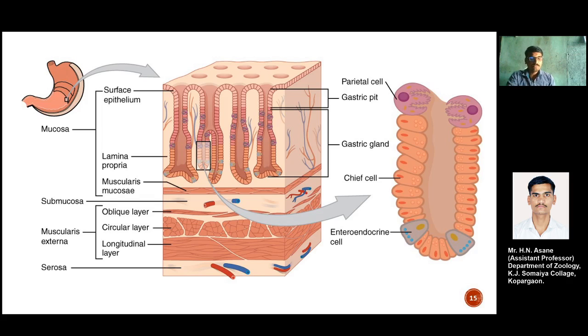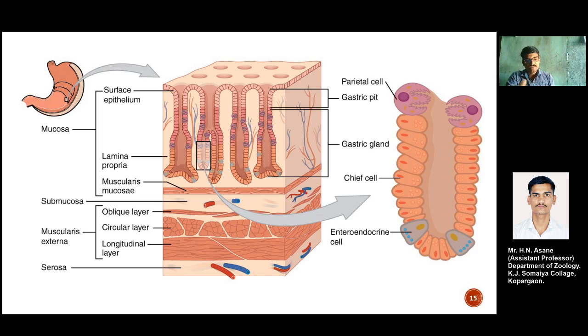Because they secrete the hydrochloric acid of the gastric juice, these cells are often larger than the chief cells. You can see the oval or pyramidal shape, with centrally placed spherical nuclei, the purple color nuclei.